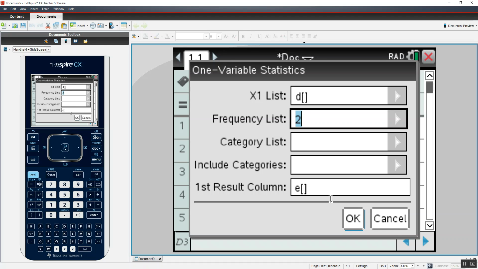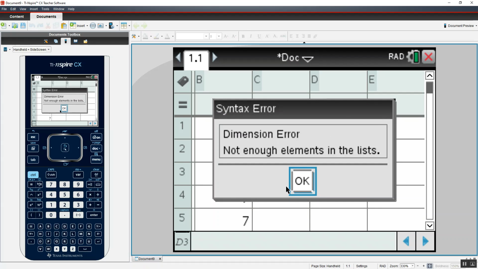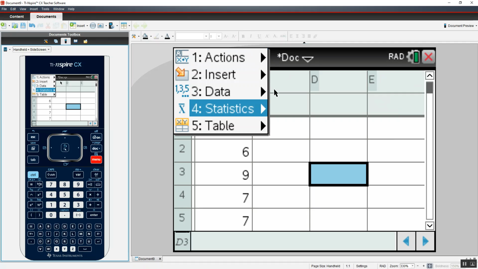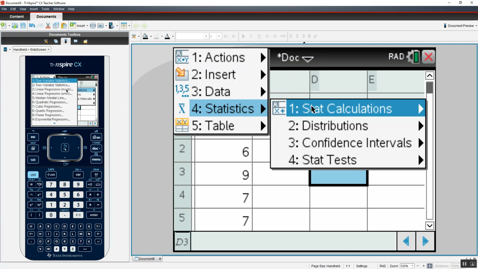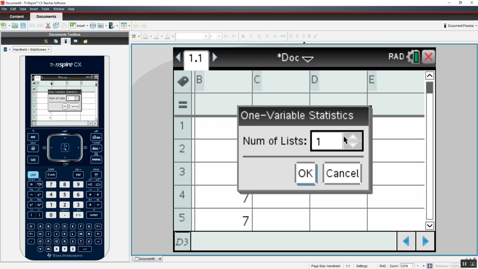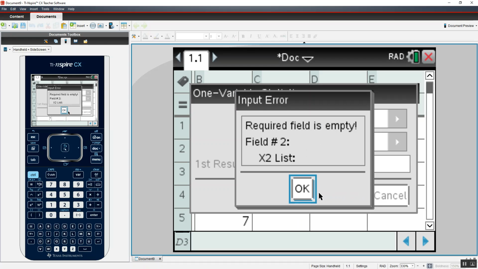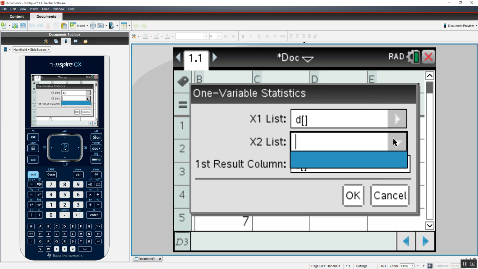So frequency list 2. Okay, I forgot how to do that. Okay, let me figure out the TI-84. I don't really use it that much.